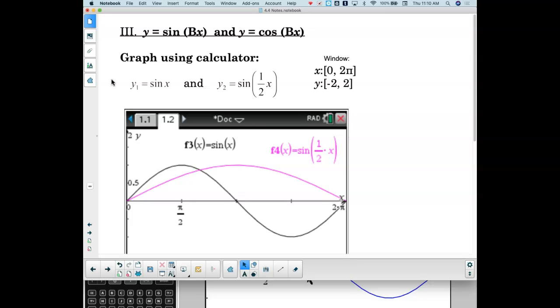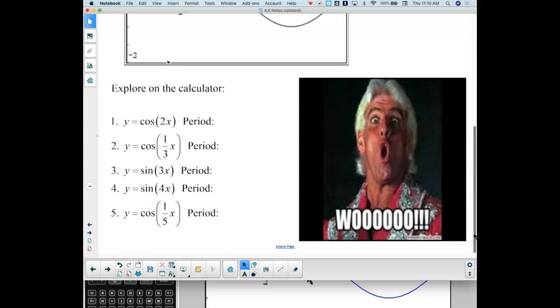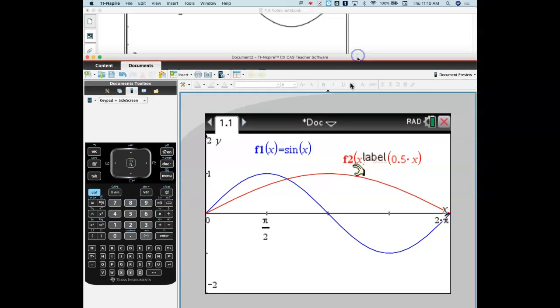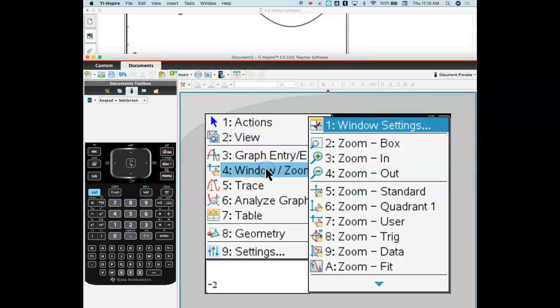Yep. Okay. So what I would like you to do now is, on your calculator, explore those 5 graphs over there and try and find what the period is. The way that you can go about trying to find the period is you've got to adjust the window.